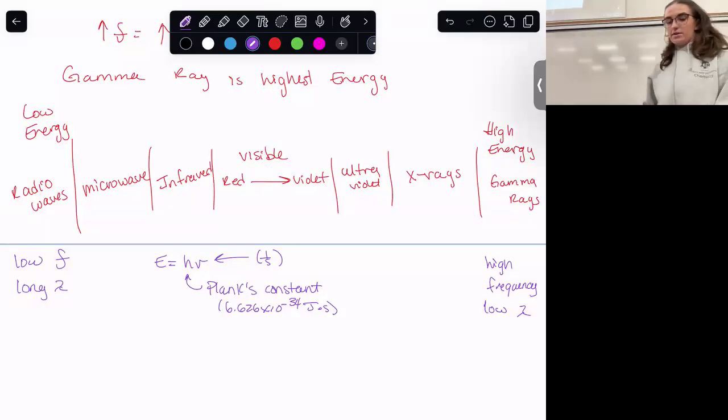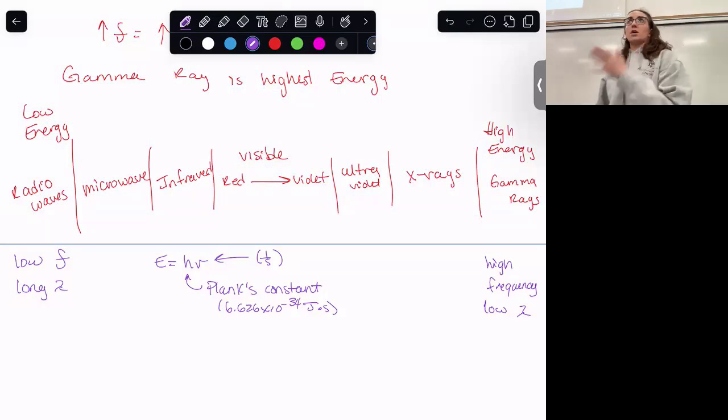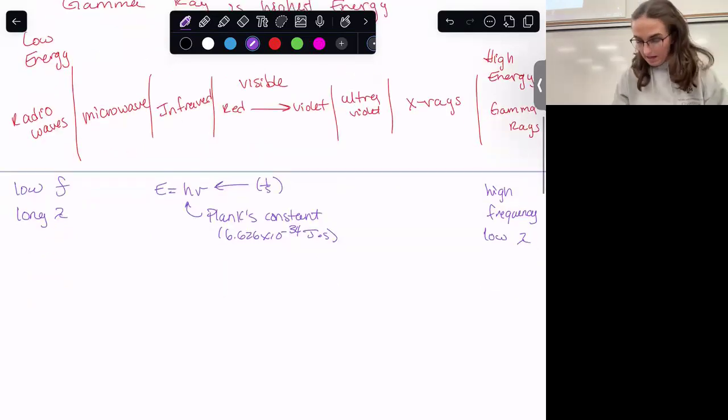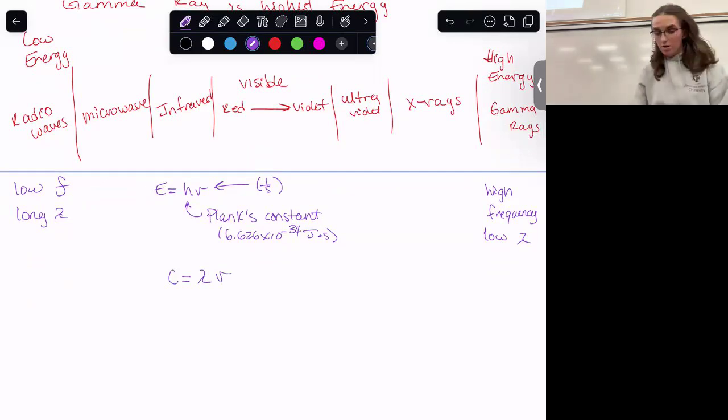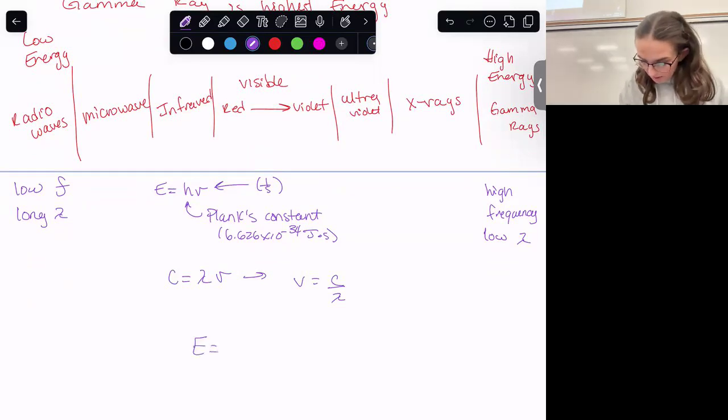So then if we know that energy is related to a constant times frequency, and we know that the speed of light is related to the wavelength times frequency, then we can solve this equation for the speed of light over wavelength, and then we know that energy is equal to hc over lambda.